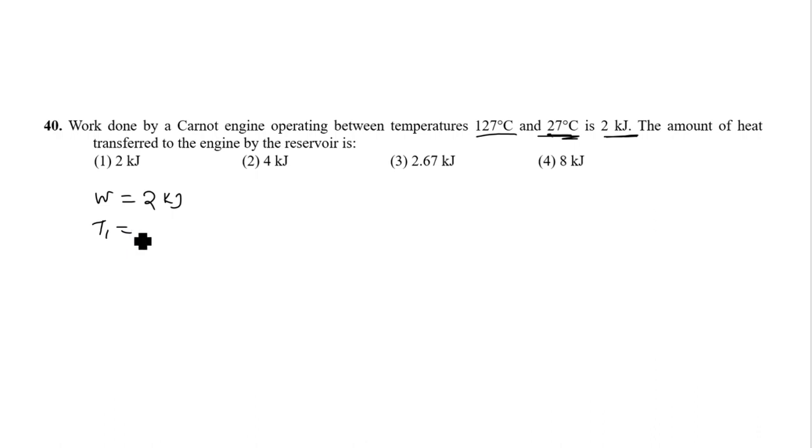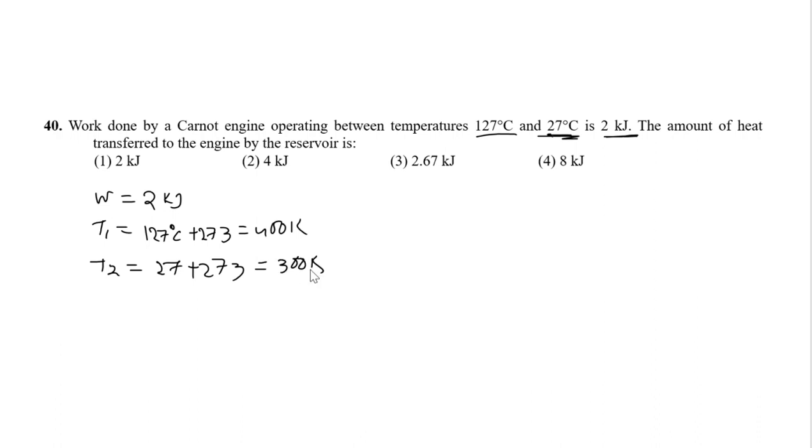Temperature in SI unit is Kelvin, so we convert from degree Celsius to Kelvin by adding 273, so it becomes 400 Kelvin. T2, the temperature of the sink, is 27 plus 273, which is 300 Kelvin.